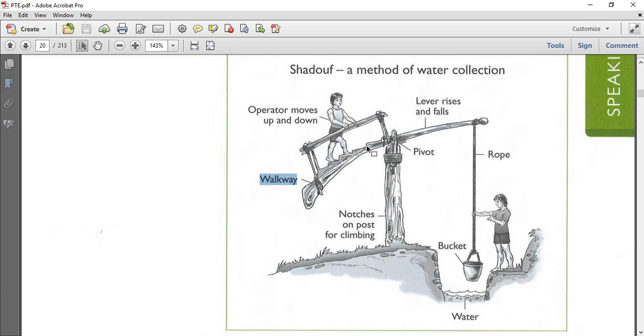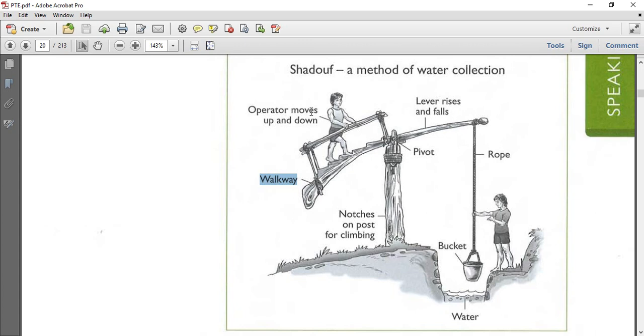If they are going to get some water into the bucket, they can just walk up, like a stair, and the lever starts falling down to reach the water at the bottom, and the bucket starts storing the water.